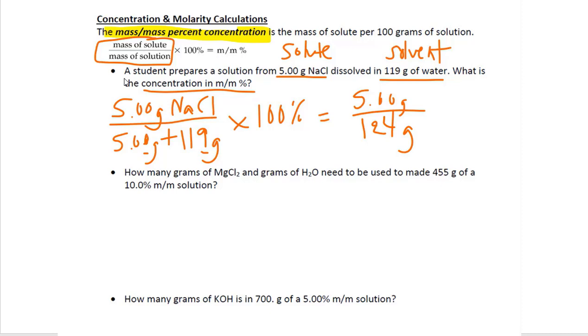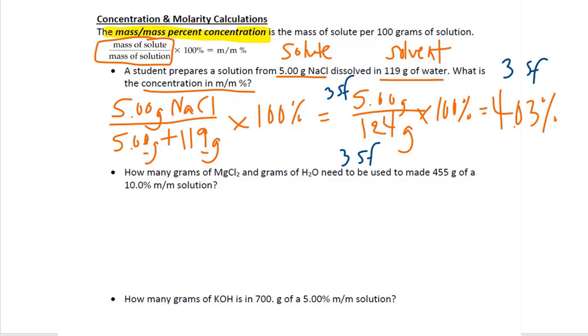It's not 124.00 because remember, addition sig fig rules, we would go to the ones here, and times that by 100, and we should get 4.03%. And if we look to make sure that our sig figs are right, on top we have 3 sig figs, 5.00, and on the bottom we have 3 sig figs. So I need 3 sig figs for my final answer.